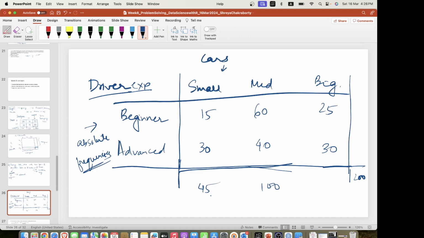Okay, and how many are testing on big cars? That would be again 55. Okay, so that sum total is coming up to 200. Here again, what do we have? 100, 100. So the sum total is also coming to be 200. Okay, this is a table of absolute frequencies.